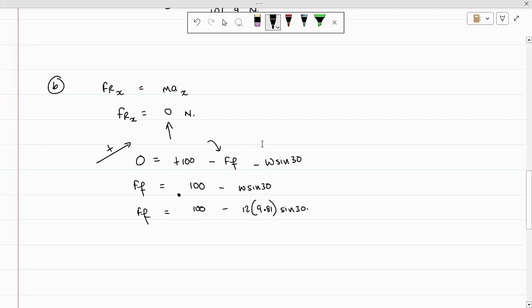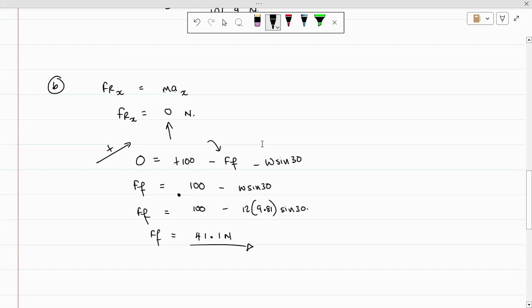Put that into your calculator. Times sine 30. It gives you an answer of 41.14. So three significant figures, that's 41.1 newtons.